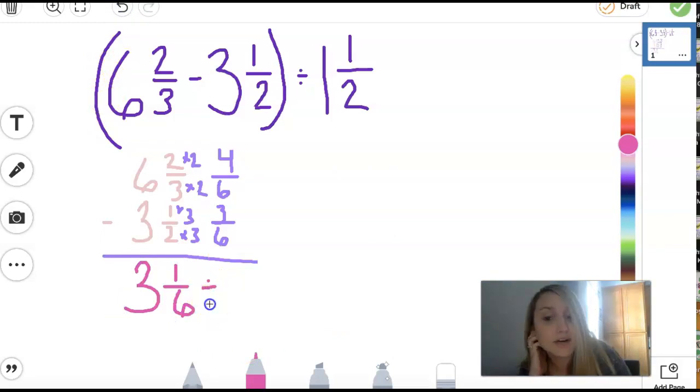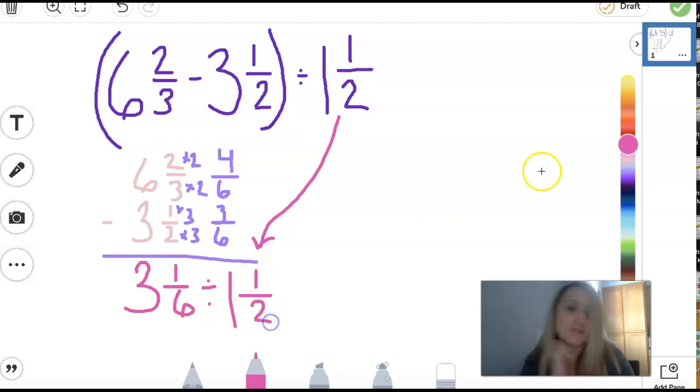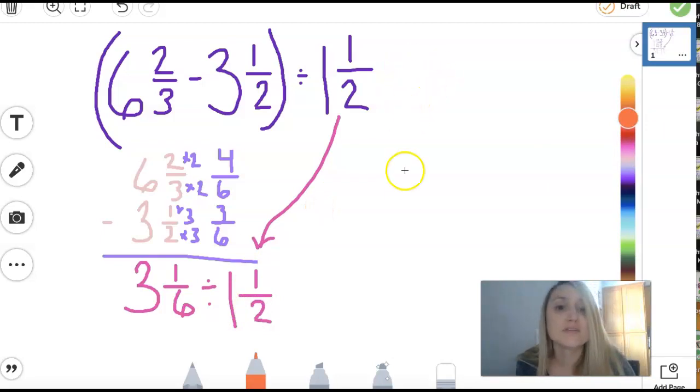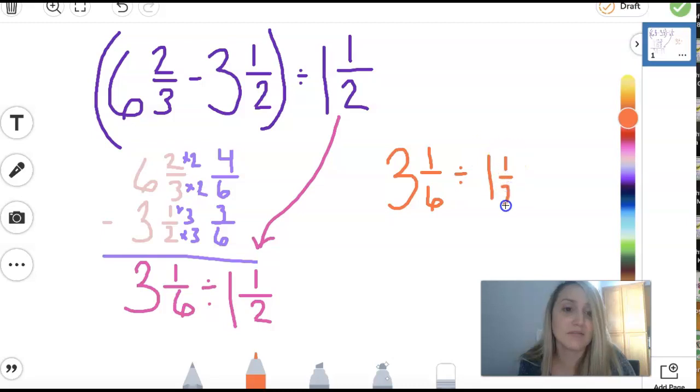Then we have to divide by this number, 1 and 1/2. So I'm actually going to continue it up here. So now I have 3 and 1 over 6 divided by 1 and 1/2.